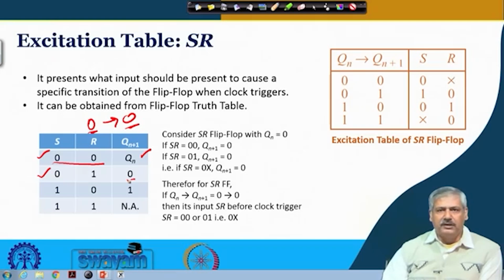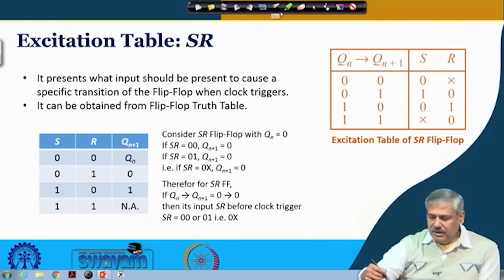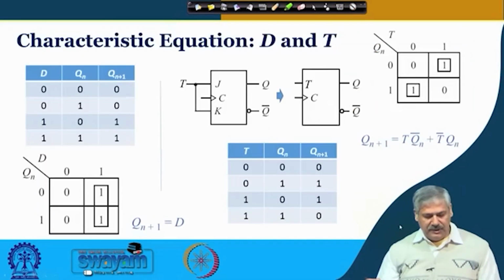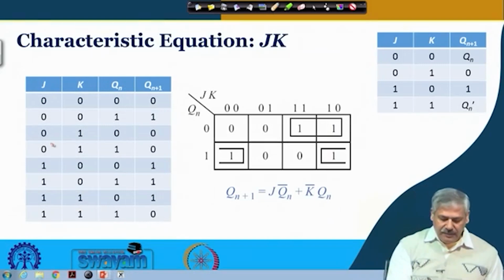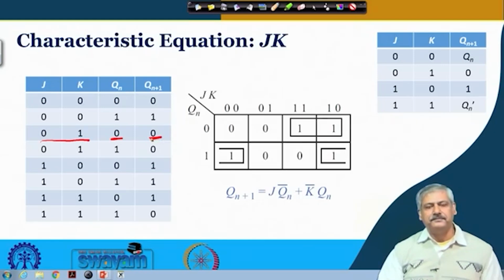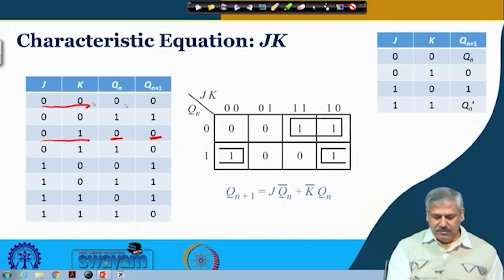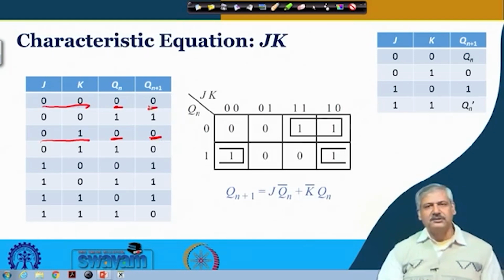Please understand this part. If we refer back to the more elaborate truth table of the SR flip flop, we can see that if this is 0 1 and the previous value is 0, the next value is 0, and for 0 0, the previous value is 0 and the next value is 0.